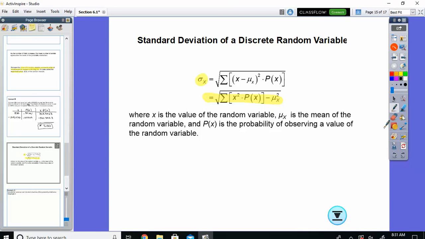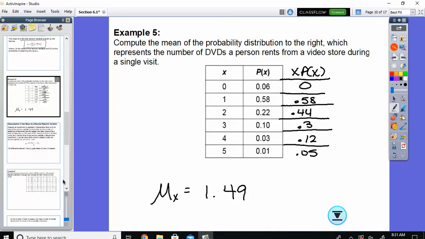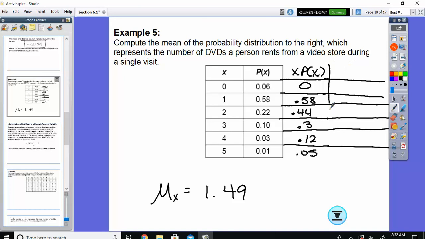So I would like to use the example that we have been using and calculate the standard deviation for that. So going back to this probability distribution that we were doing. Okay. So if I needed to find my standard deviation here, we will add another column. And that will be my x squared p of x.